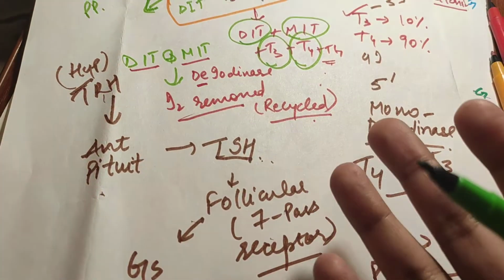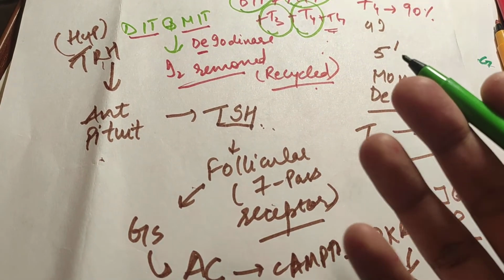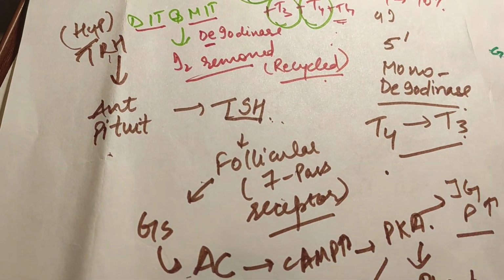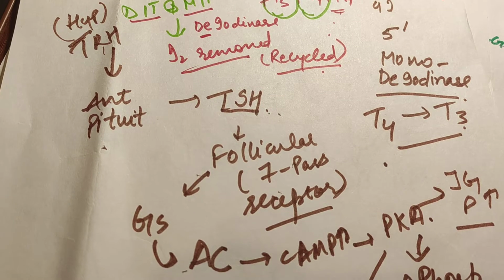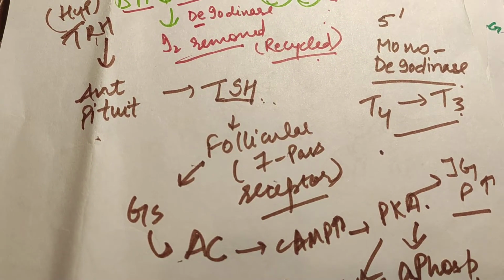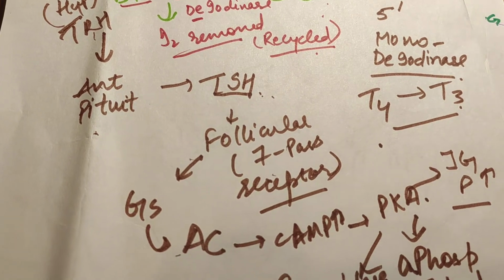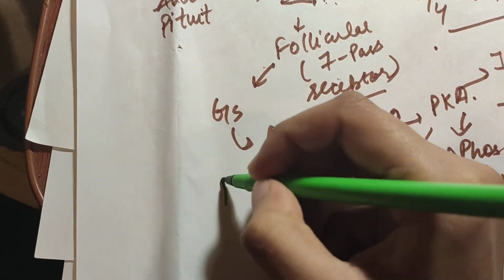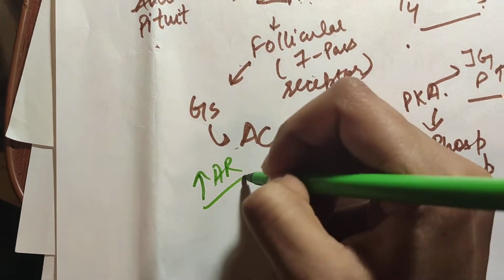And what will T3 and T4 do while going to the tissues? They will do normal linear body growth. They will do bone ossification, as a result of which normal bone development will occur. They also increase the adrenergic receptors.